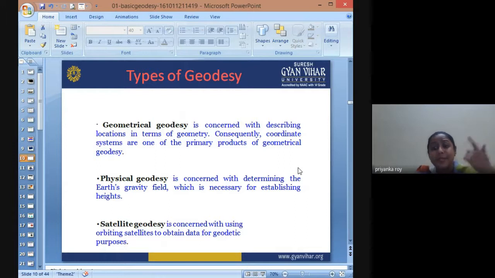Coordinate system means longitudes and latitudes. The combination of longitude and latitude is called coordinates. Physical geodesy is concerned with determining the earth's gravity field, which is necessary for establishing height. Satellite geodesy is concerned with using orbiting satellites to obtain data for geodetic purposes.